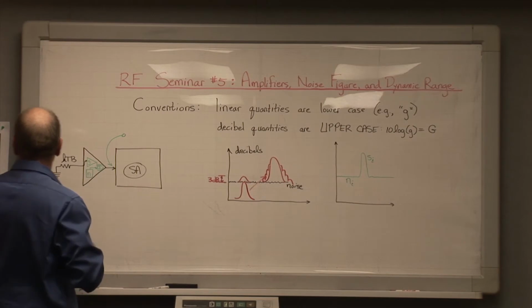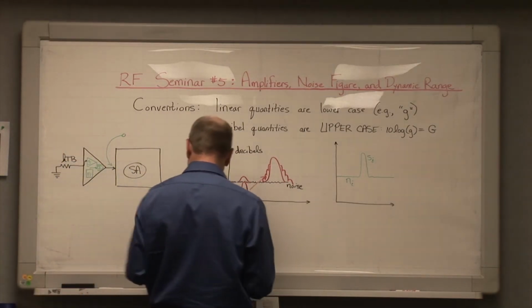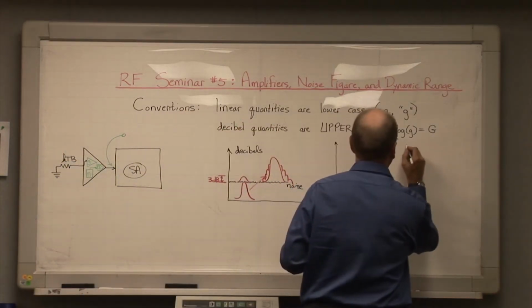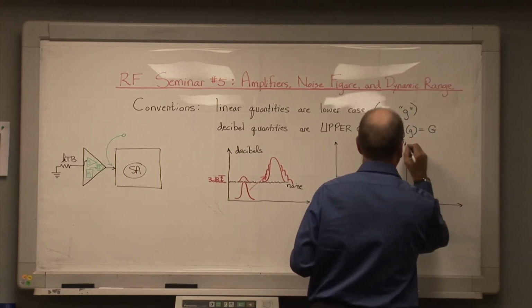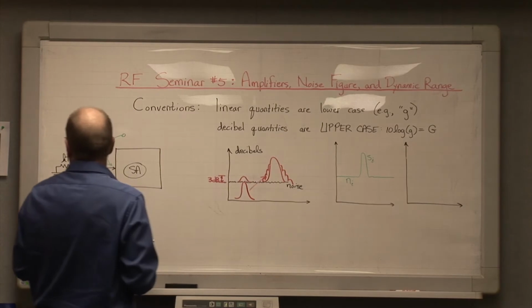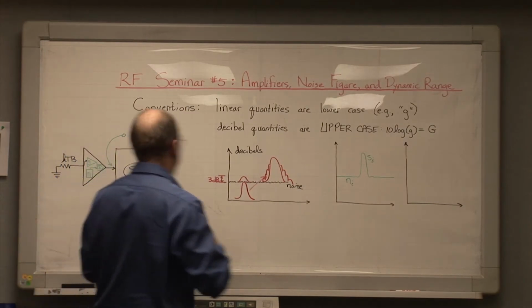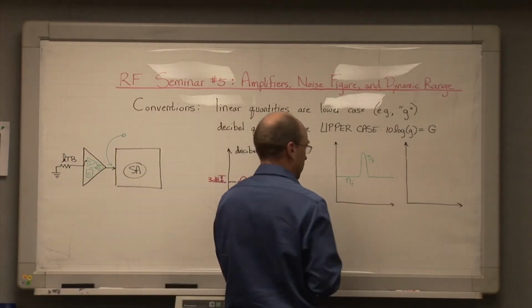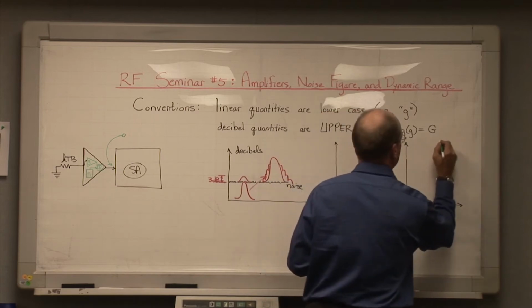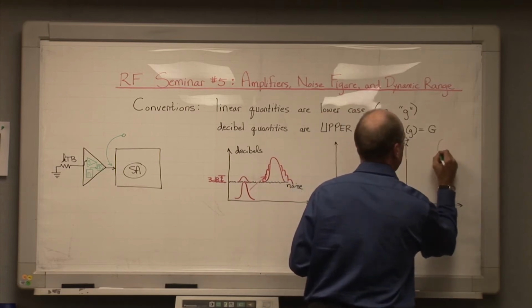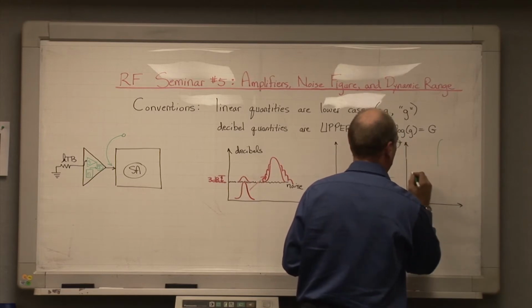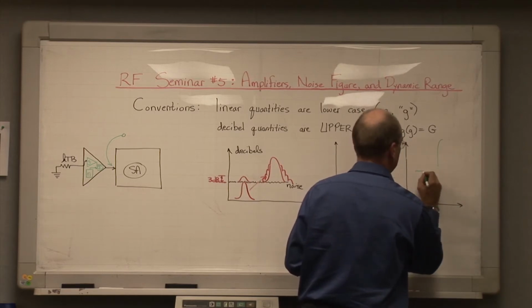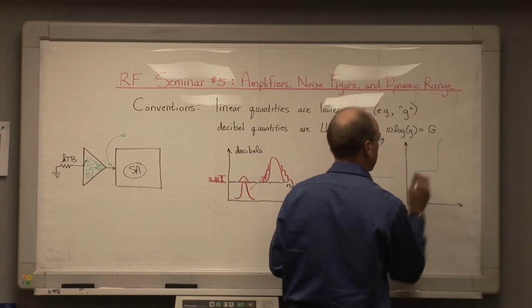Now, what we're going to generate at the output is a higher signal level, something that looks like this, and also a somewhat higher noise level, like this.